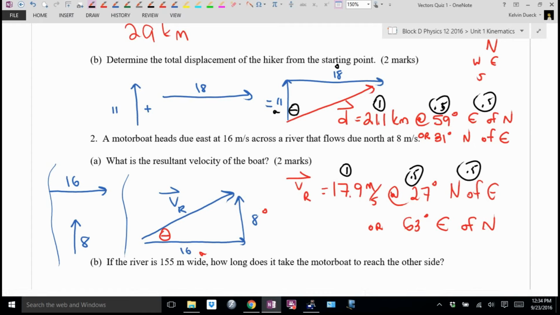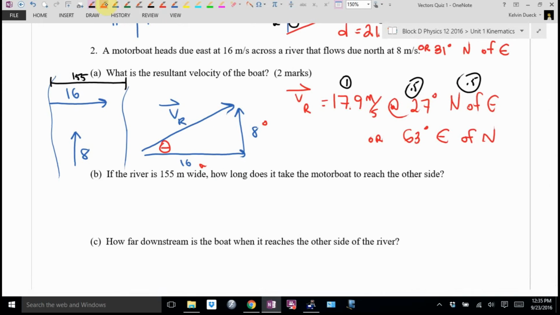And now let's do some application-y questions. If the river is 155 meters wide, 155 meters wide is that distance there. Which velocity am I going to use? The same direction. So I can use d equals vt, t equals d over v. It's really d equals vt plus a half at squared, but I said no acceleration, so it's going to be 155 divided by 16.